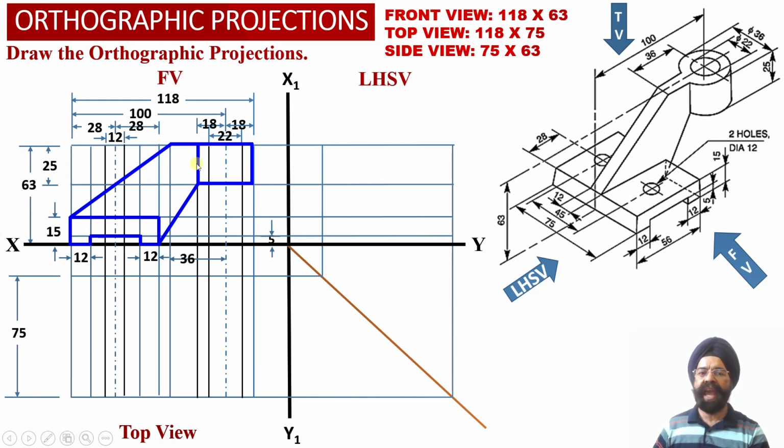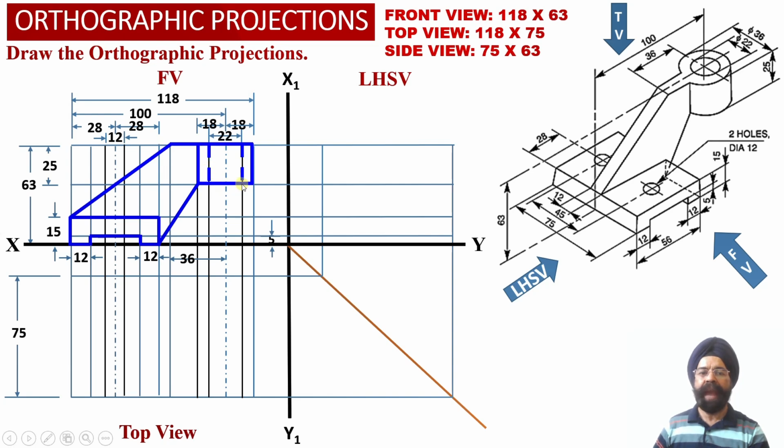So this is the apparent shape projections over here. Then corresponding to this inner hole which has dimension 22 millimeter, this interior hole will not be visible to the observer from the front view orientation. So hidden projections corresponding to this internal circular hole will be visible to the observer as a dotted line projection over here.